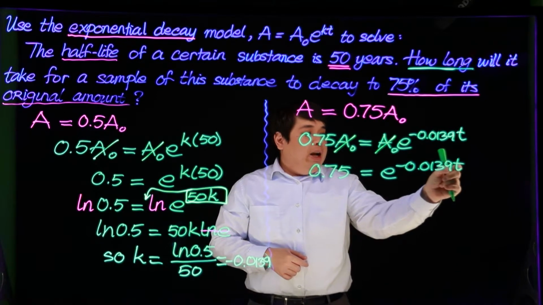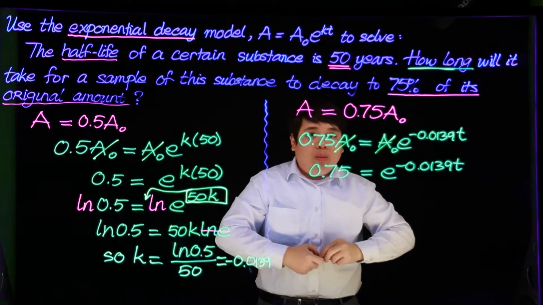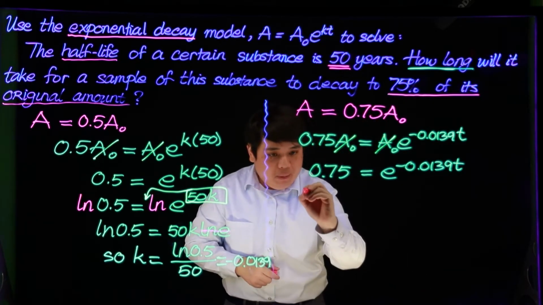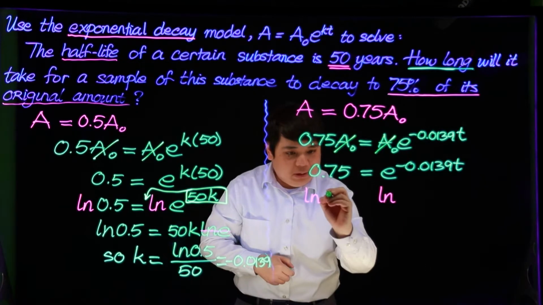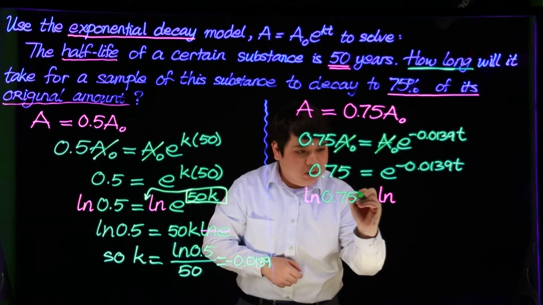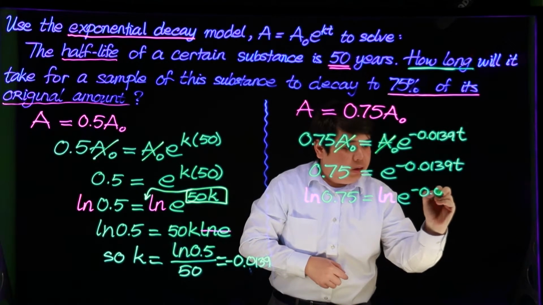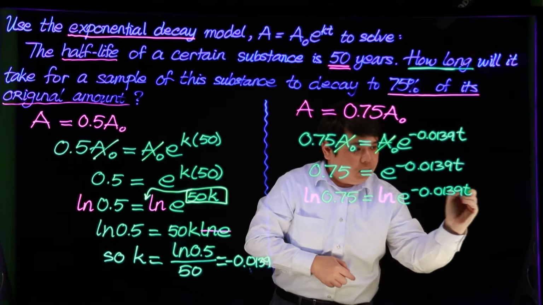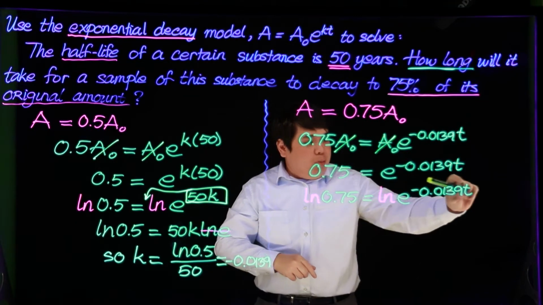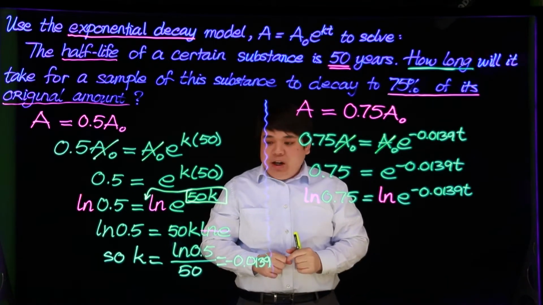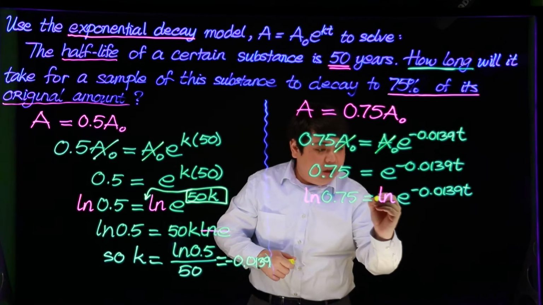And now, again, we solve for a variable in the exponent. To do that, we take ln on both sides. And we can take the exponent outside as a coefficient, or like I mentioned before, ln and e just cancel out.